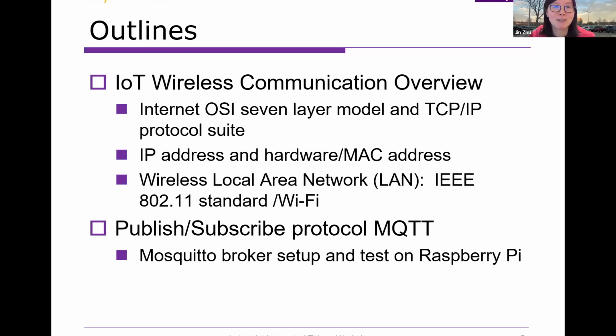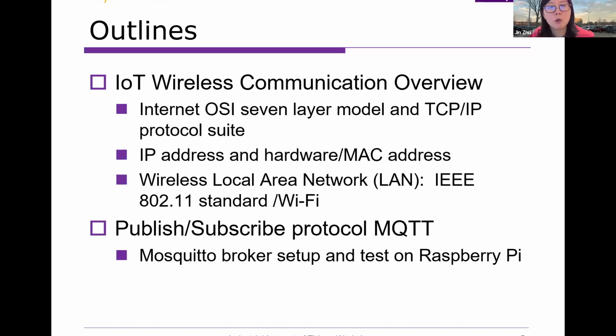Then we talk about IP addresses, hardware addresses, or MAC addresses, the difference, how they are used, and how to find them. And then we will talk a little bit about the Wi-Fi network or wireless local area network, since most of our projects are built over Wi-Fi. Okay, so we're also going to have some overview of that.